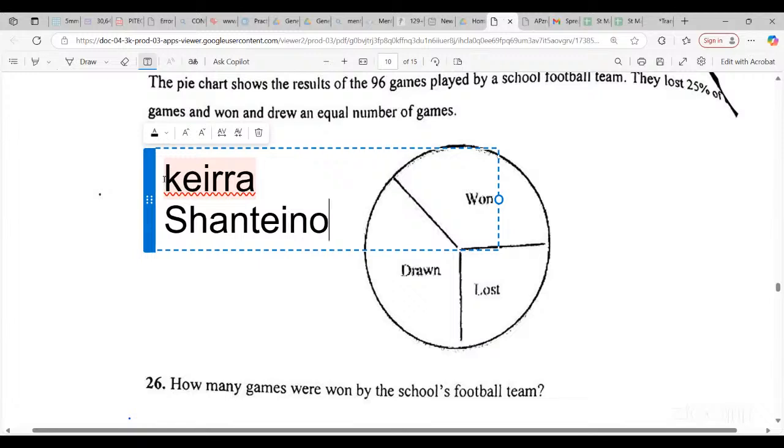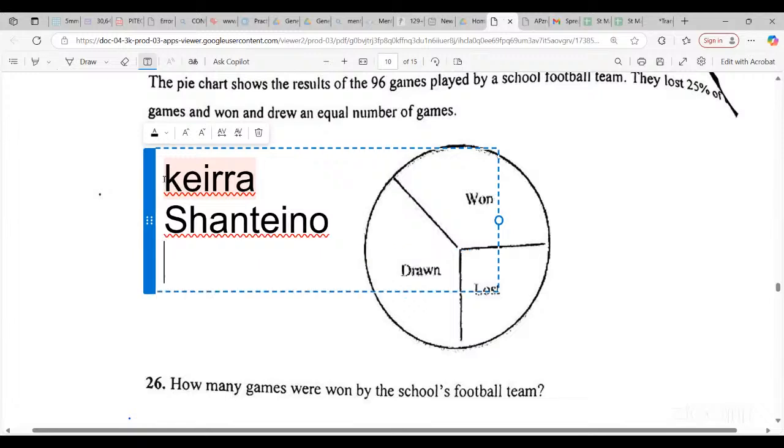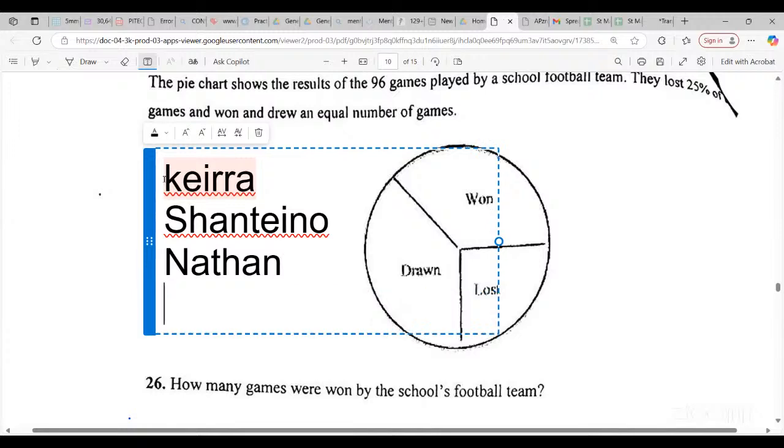Italian name that, you know, guys. Was it Italian, Nathan as well? Yes, sir. Who is the fourth? Demar. How do you spell your name? Oh, all right, cool.